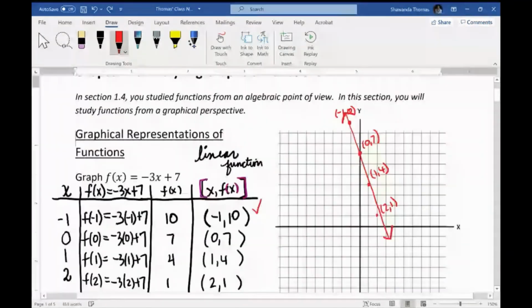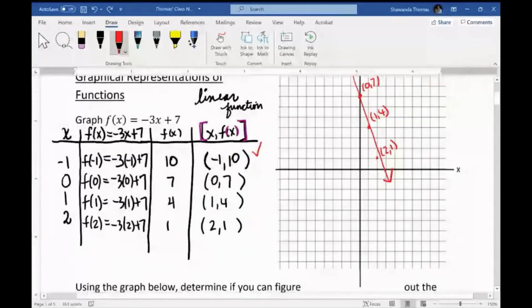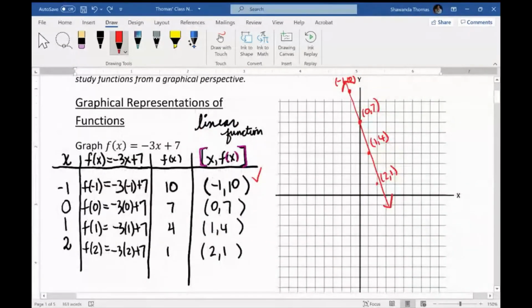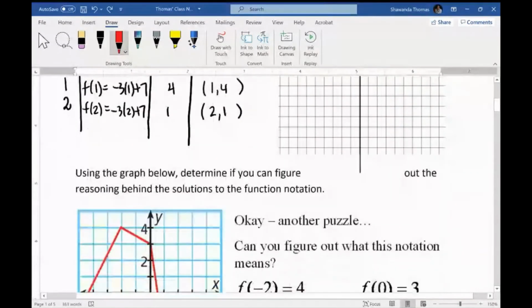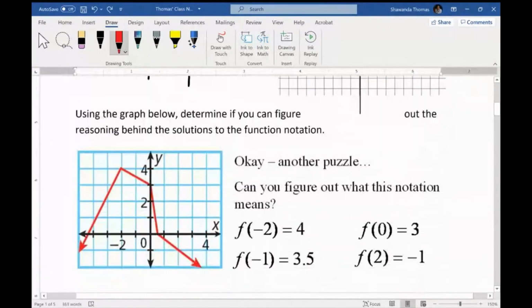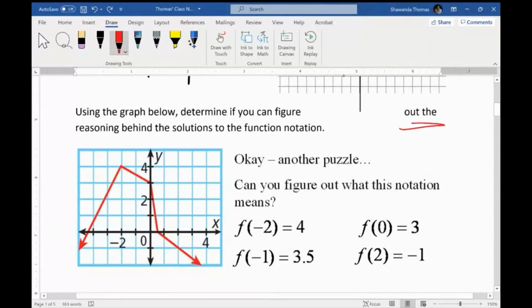All right, so if it's going off the graph on WebAssign, that means it's continuing. Just a tip.